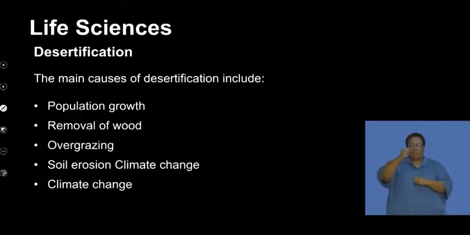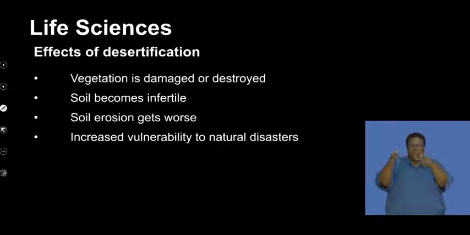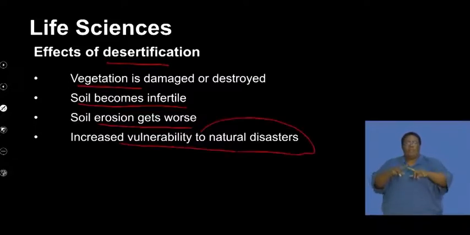As we start wrapping up, we know that the main causes of desertification would be population growth, the removal of wood, overgrazing, soil erosion, and climate change. These effects would have a significant effect on vegetation. Soil becomes more infertile, there's more erosion, and you'll see that there's increased vulnerability to natural disasters.